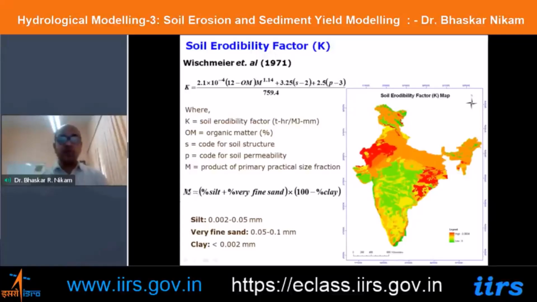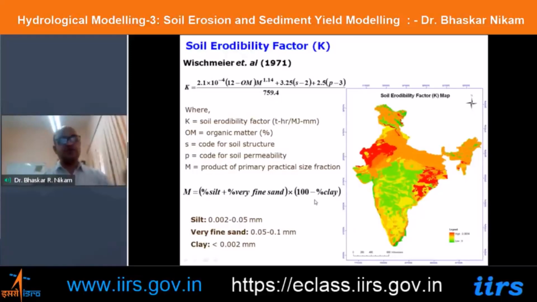Now, why does this have an impact? Because M is in the numerator of the K factor, and K is a multiplicative factor in Russell's equation. The higher the value of M, the higher the K factor, the higher the erosion. The lesser the clay, the higher the M, the higher the K, the higher the erosion.